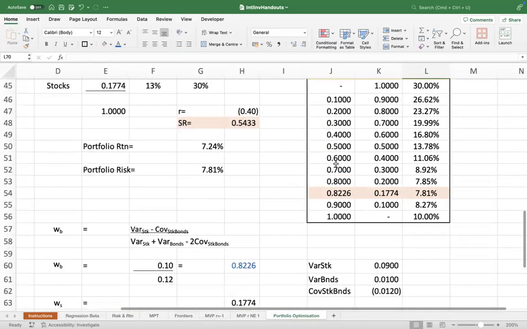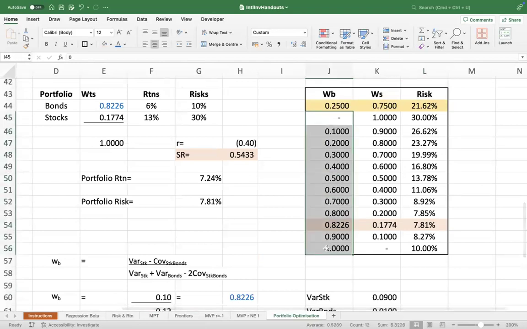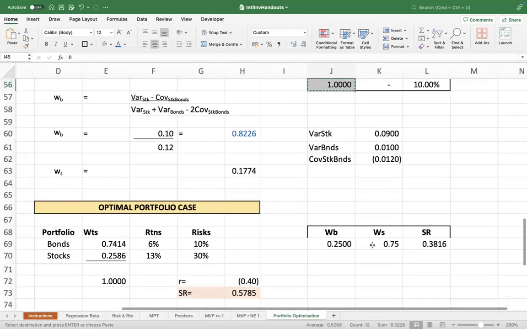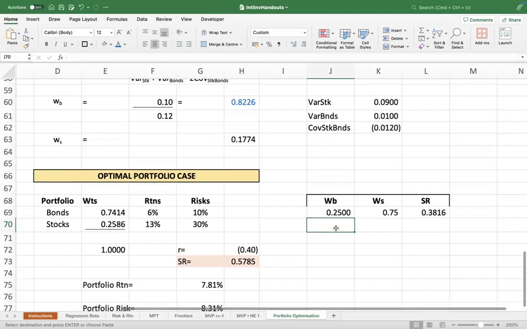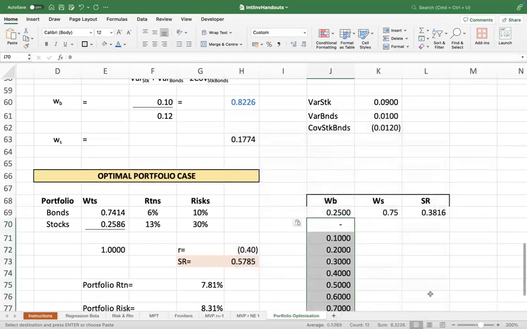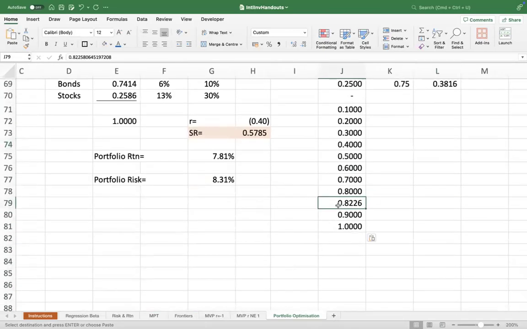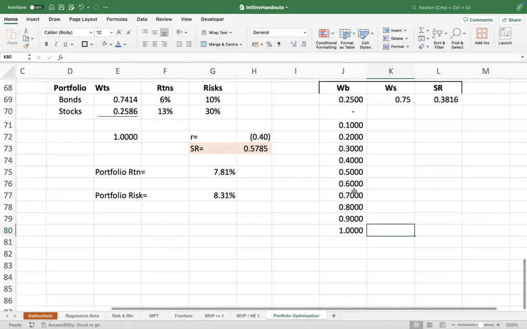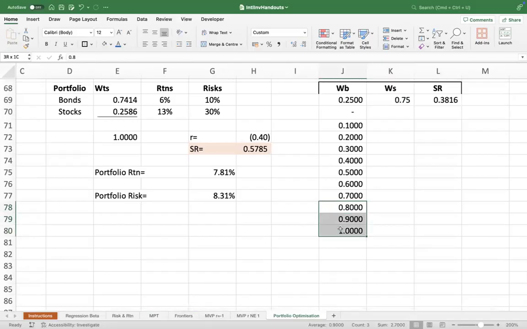Now again, I will use the same combinations here. But here I don't need this row, I don't want it. Rather, I need a row between 0.7 and 0.8, isn't it?